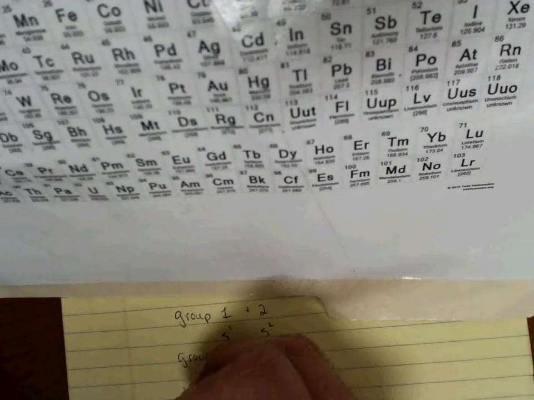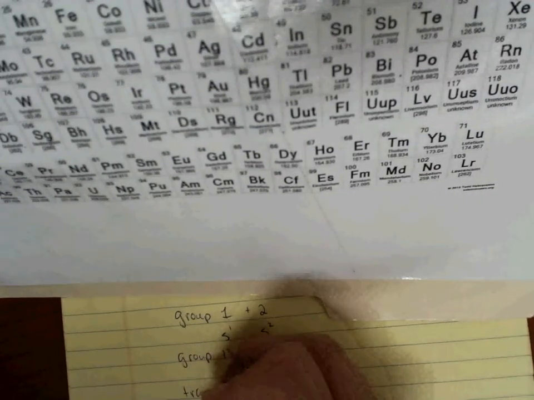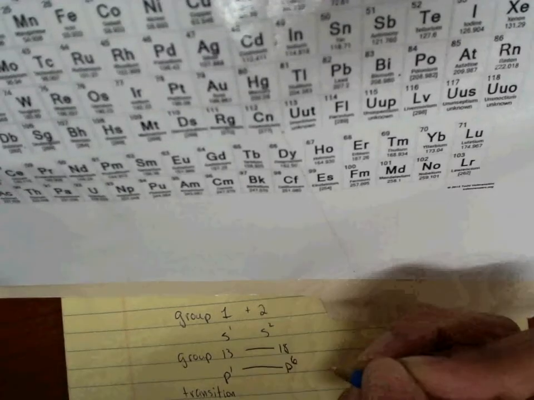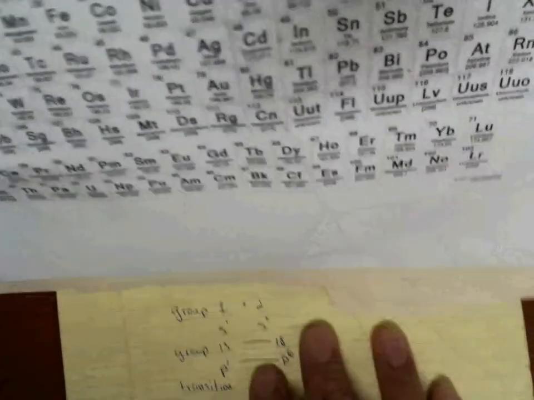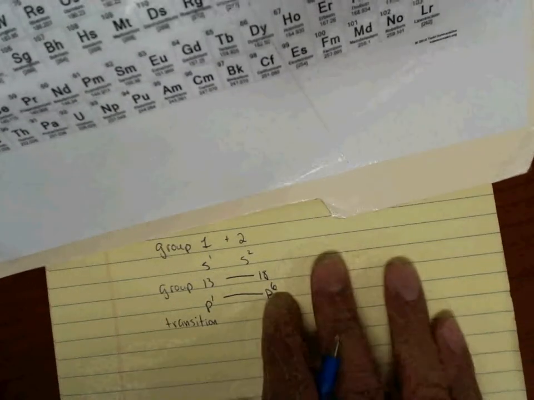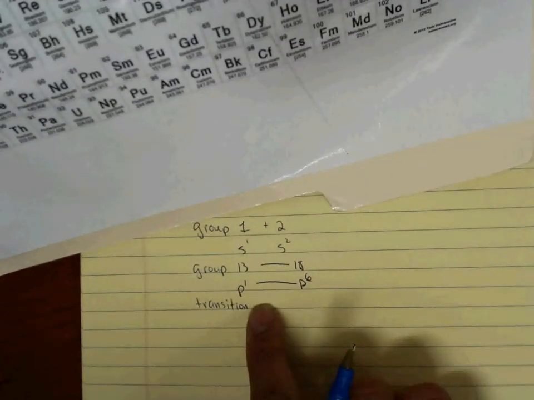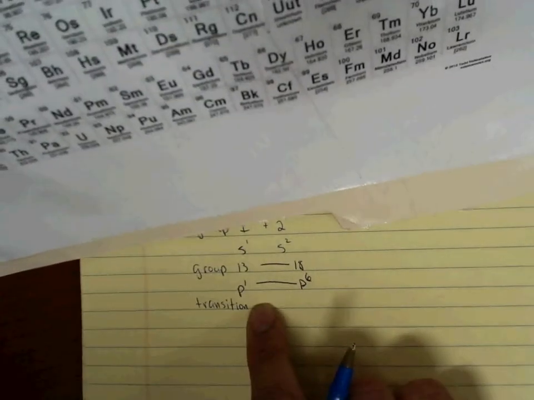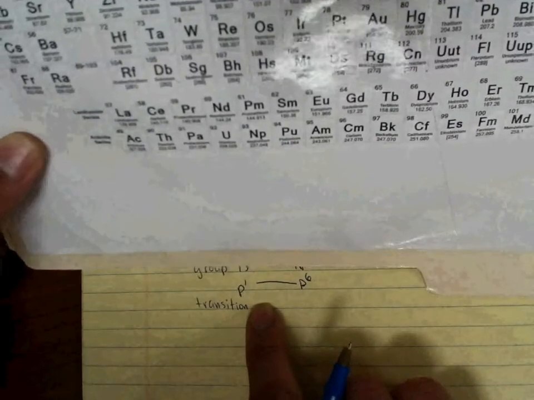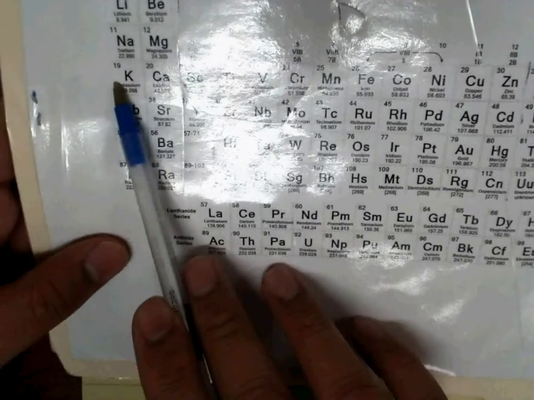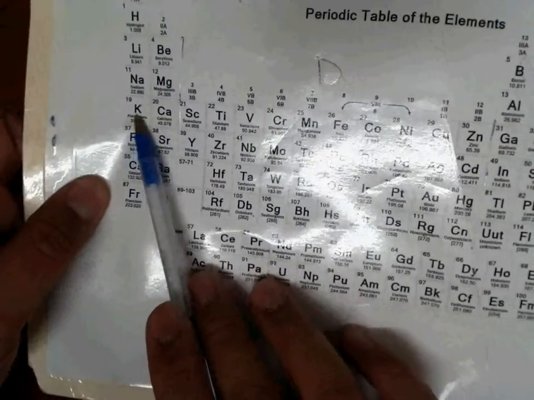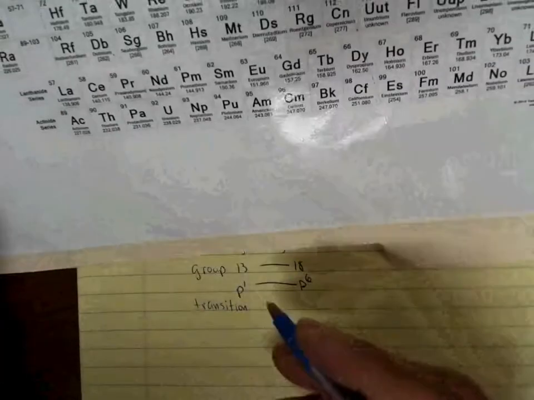The transition metals. Now, transition metals, you must remember you're going to subtract a number from the period. So if you're here, you're in period 4, you're actually going to be in 3D.